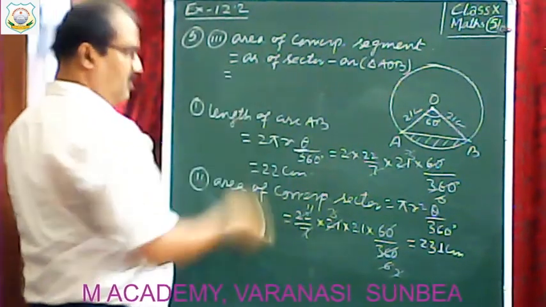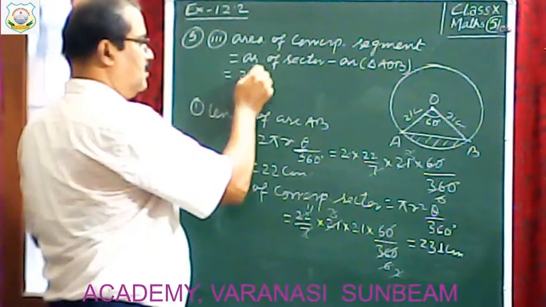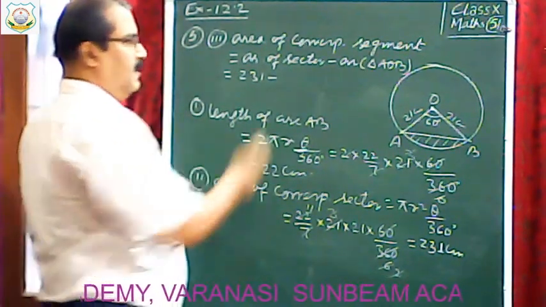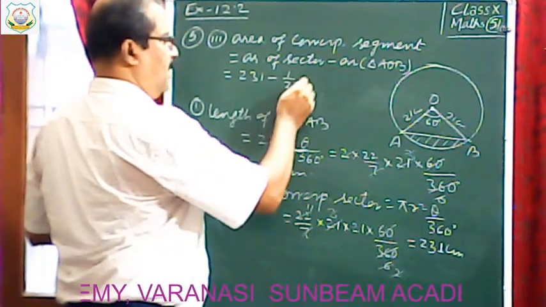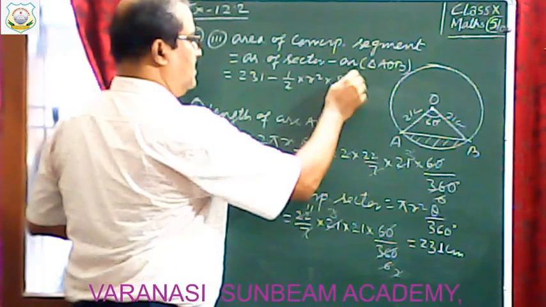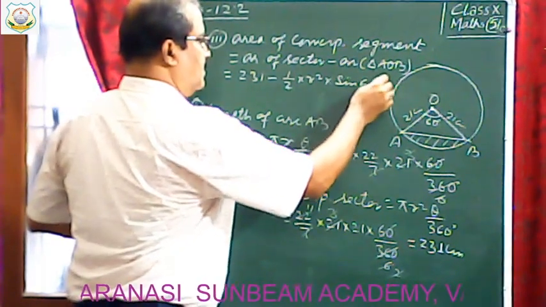Area of sector already we have, 231, minus area of triangle. That new formula you have written, half r square sin theta, theta is 60.